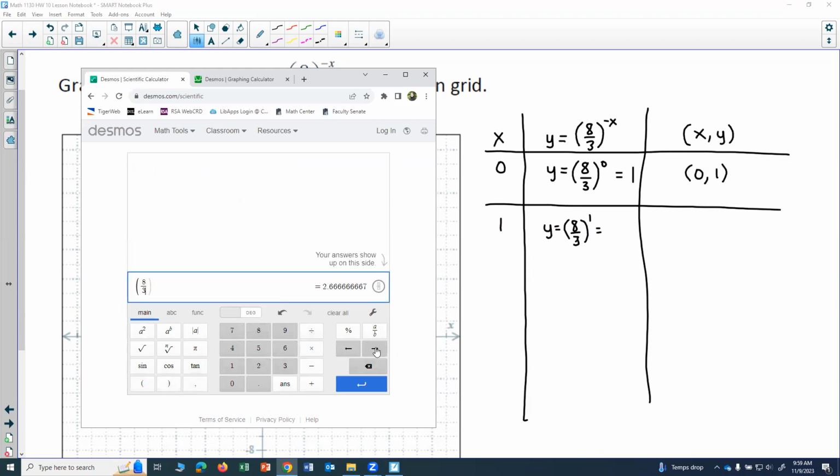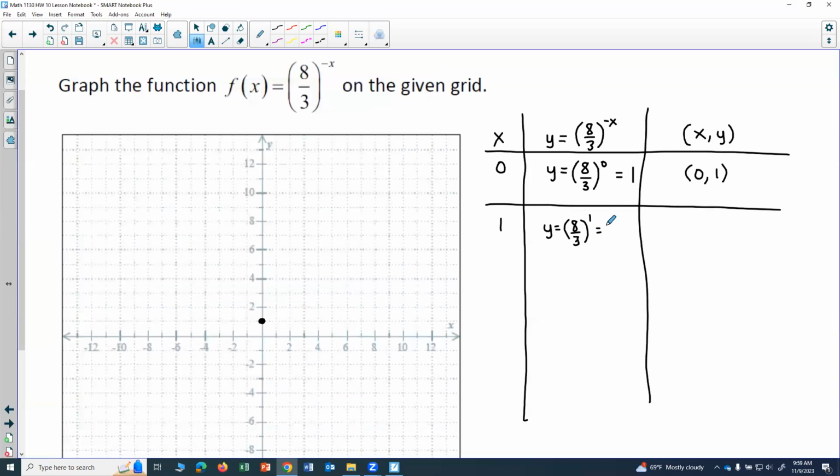I don't really have to put the first power because the first power is just going to leave me with the 8/3. So that's going to be 2.67. And I'm getting the approximate y value so that I can actually plot it. So I'll have 2.67. So my second ordered pair would be the point 1 and 2.67.